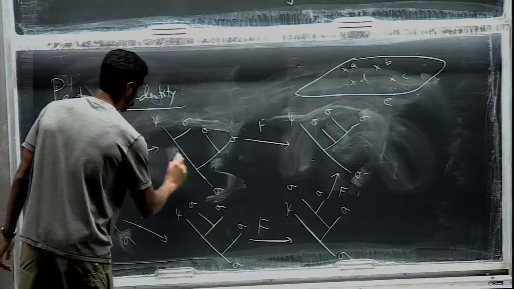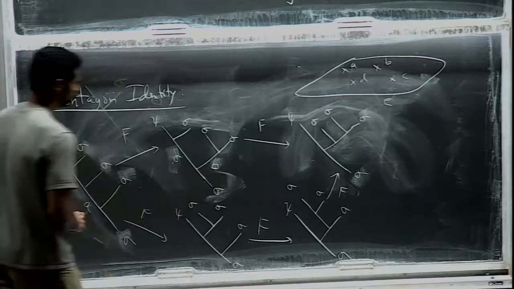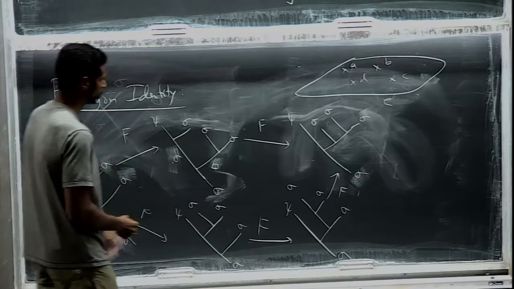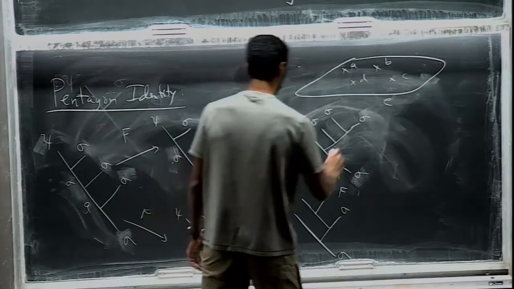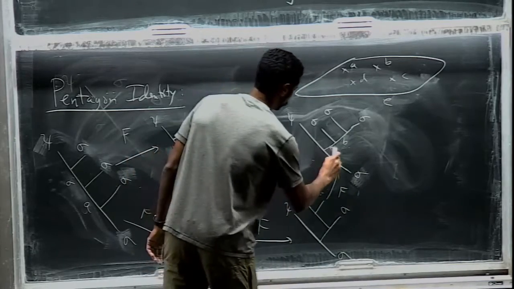This has to be a sigma again, but now this is a new basis over here where B can be 1 or psi. And this basis is related to this basis by F. And then over here, this is B, this is sigma.